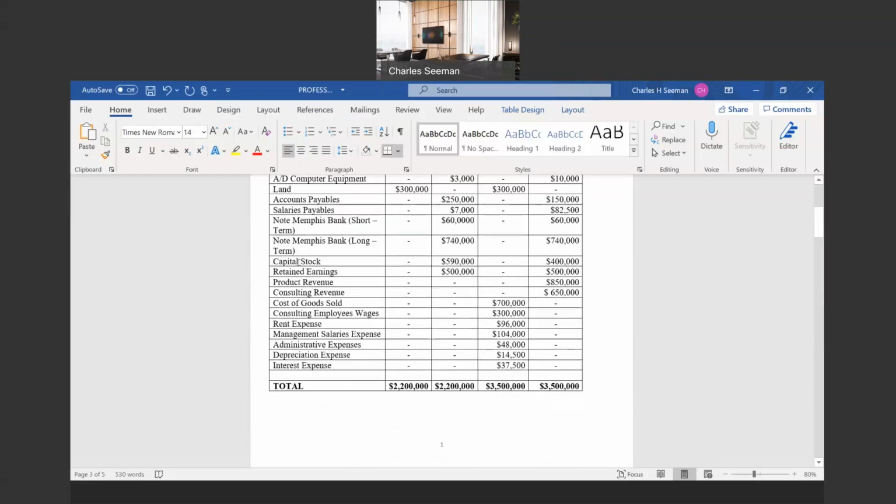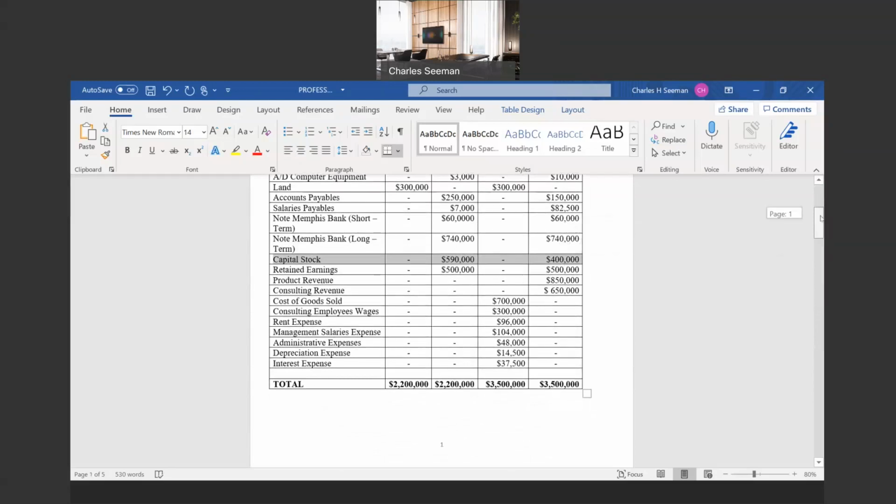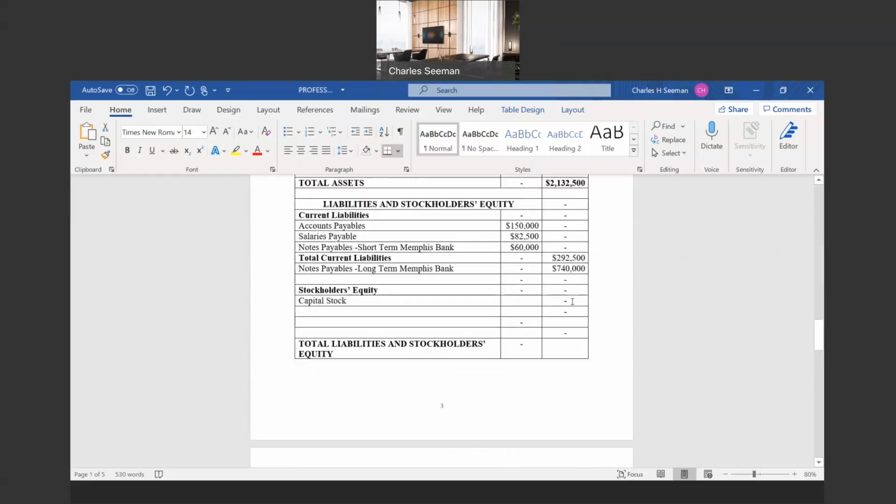And I'm going to use the 400,000 that's shown right here. Next section is retained earnings.